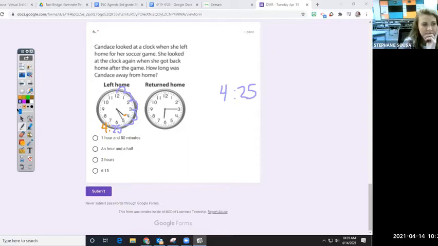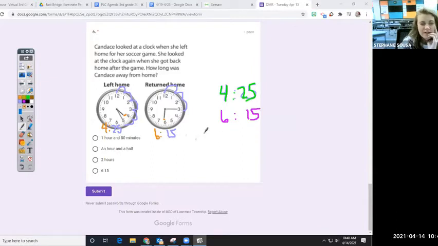Stop time, let's again look at the hour hand. It is after the 6. It is not yet to the 7, so it is 6. Minute hand is 5, 10, 15. So it is 6:15. So again, our start time is 4:25. Our stop time is 6:15.